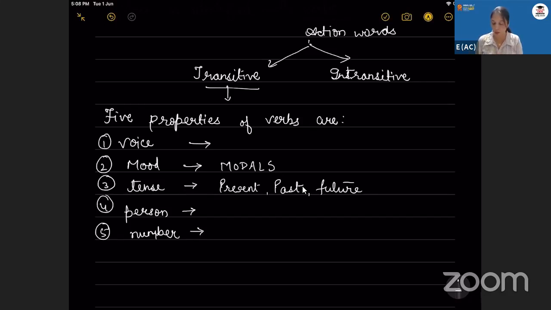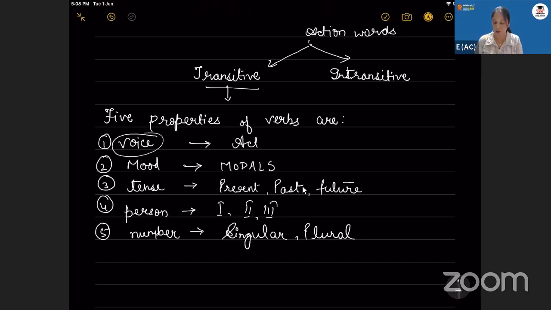Whether our subject is in singular or plural form, the verb changes accordingly. So here we are concerned with voice, active and passive voice.